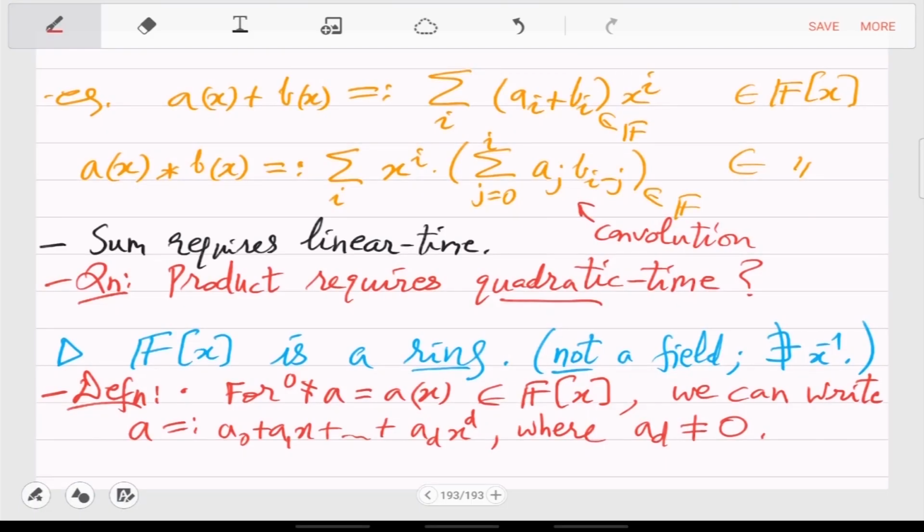So this is called the leading term. x^d is the leading term. We will shorten it to LT, and ad is the leading coefficient.